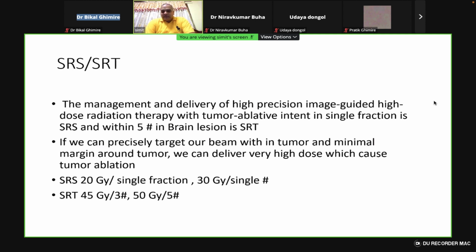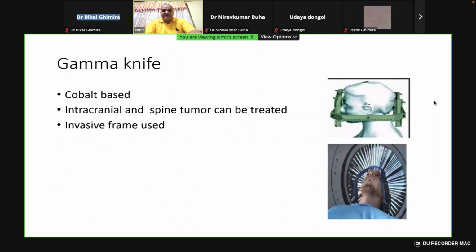The concept is, if we can precisely target our beam within the tumor, and there is very little normal tissue around the tumor, then we can deliver a very high dose to the tumor. Here, much of the damage is done by necrosis and not by single strand breaks. We have seen in fractionation schedules earlier that dose is around 1.8 to 2 gray. Here 20 gray or 30 gray is given within a single fraction.